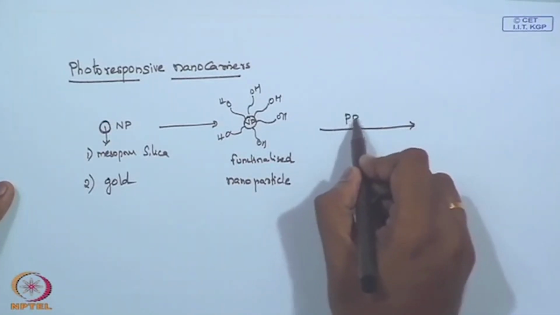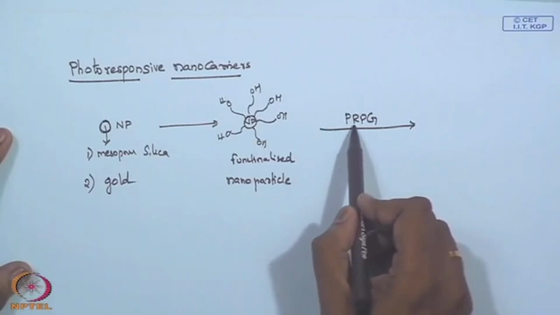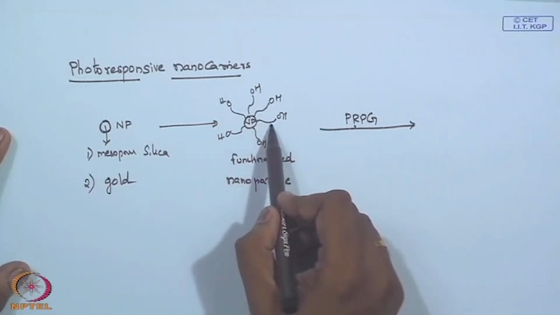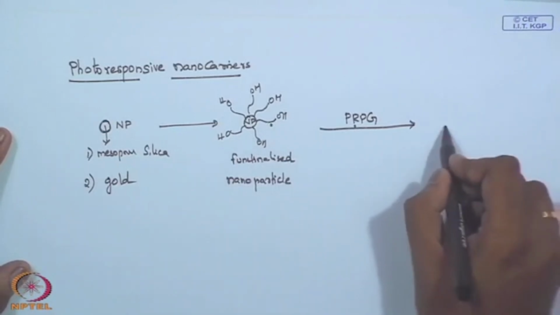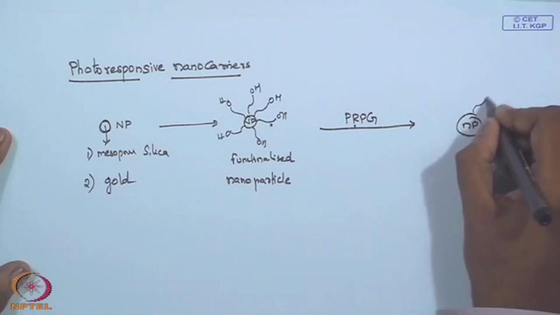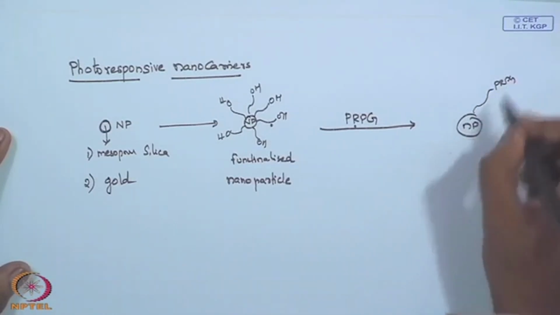What we did initially was take our photoremovable protecting group and attach it to our anti-cancer drug. But here, they take this photoremovable protecting group and attach it to the nanoparticle. Now you will have a nanoparticle with a photoremovable protecting group at the end.